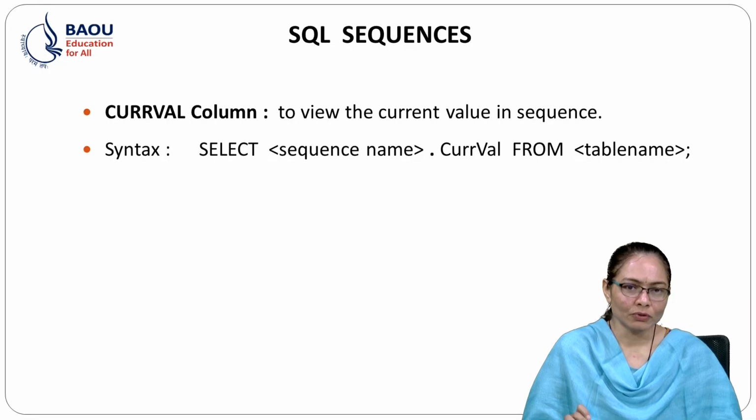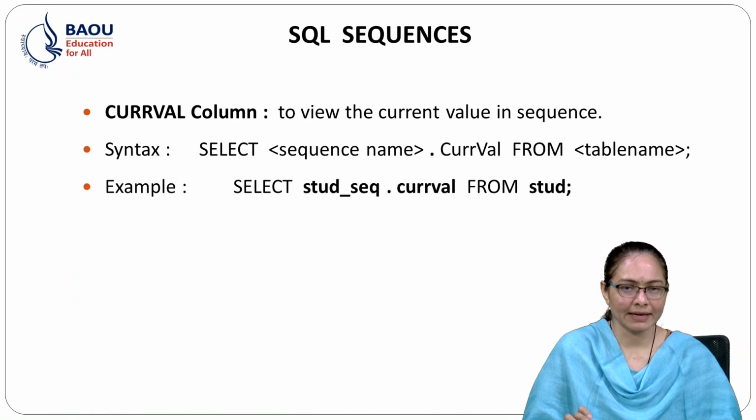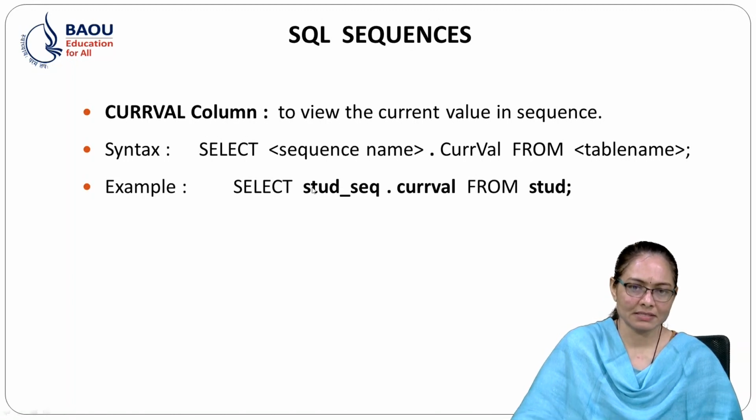How to view the current value? See, select sequence name dot cur val from table name. The example is select, then this is the sequence name dot cur val from student. This is the column name.